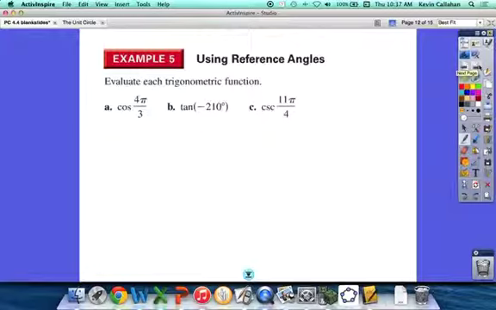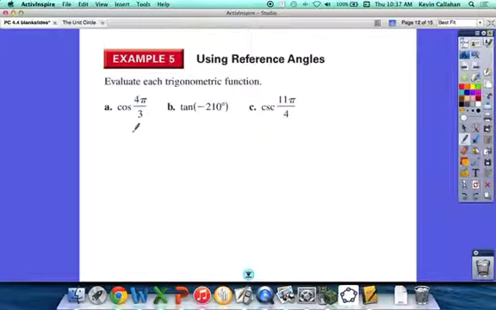Now, using reference angles, the cosine of 4 pi over 3. The thing is that most of these here are unit circle angles that you probably would use reference angles to do it, but this is what they mean by it.